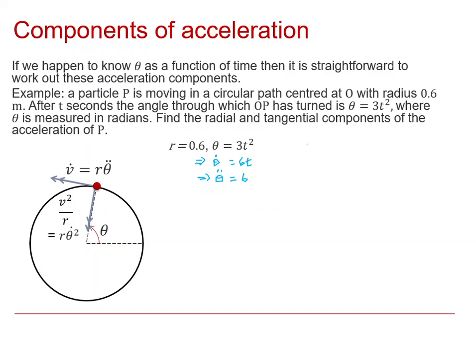So on that basis, r theta dot squared will be equal to 0.6 times (6t) squared, and r theta double dot will be 6 times 0.6.